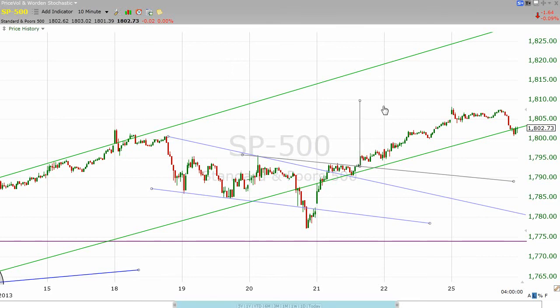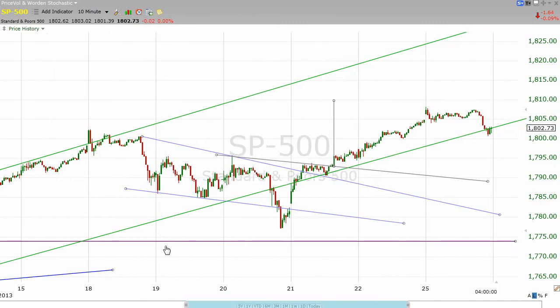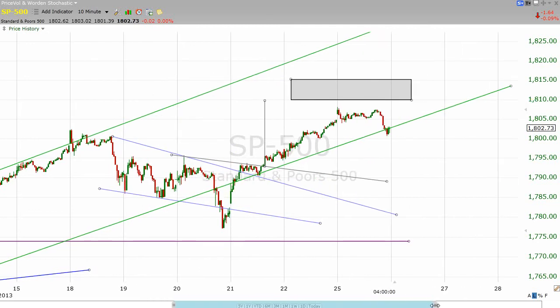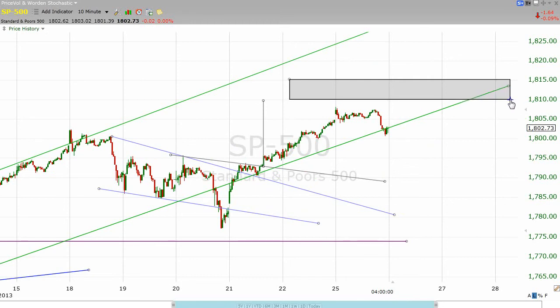Now we still haven't made that either, but I want to throw that out just in case, because we don't have a really clearly defined pattern down here. That way we could know to be looking for a target instead of at a discrete level of roughly 1815, 1816. Instead, we would be looking at it in a range between 1810 and 1815.